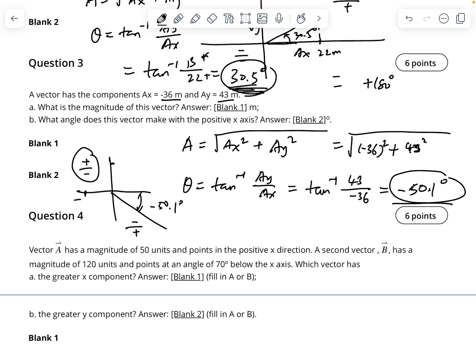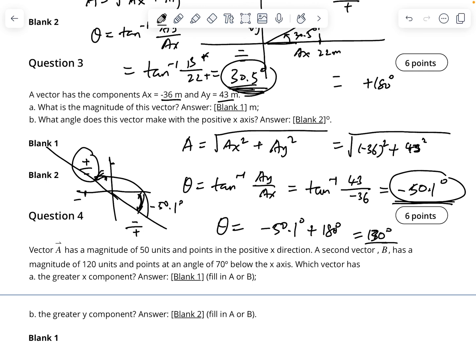So whatever this one is, you have to add 180. What you get here is about 130. So you have to add 180 to push this angle into the second quadrant.